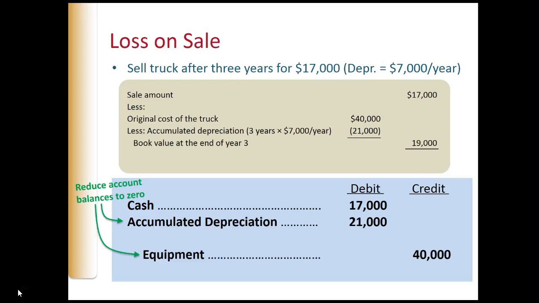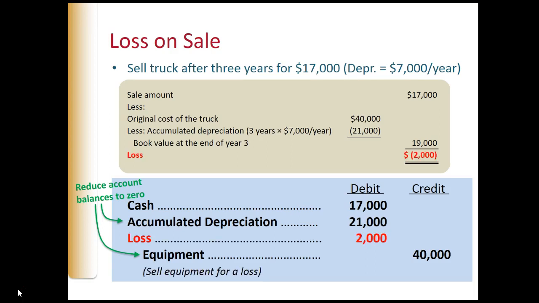Now, if we assume that Little King sells the delivery truck at the end of year 3 for only $17,000 instead of $22,000, we're going to have a $2,000 loss as shown on the slide. In this case, the sale amount is less than the truck's book value, so we record a loss on the sale.